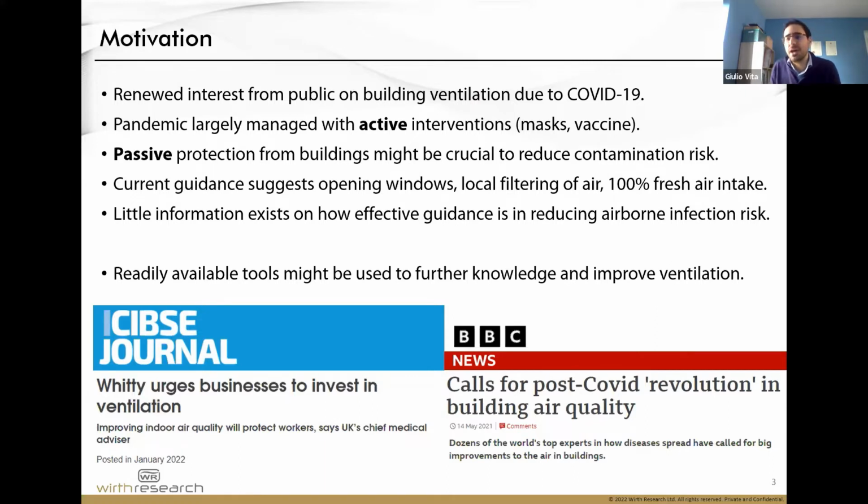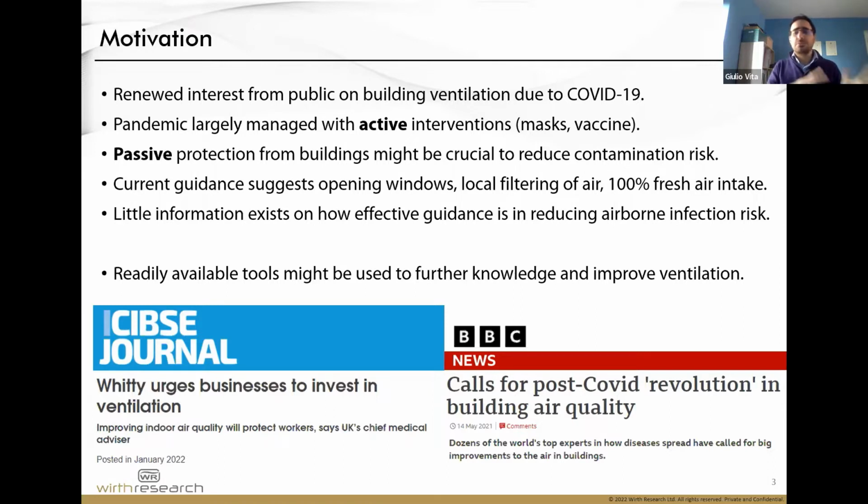There is some guidance on how buildings can help us reduce the risk of contagion. Those involve mainly opening windows, increasing the filtering of air, or increasing the fresh air intake. Unfortunately, what we think is little information exists on how effective those methods are.